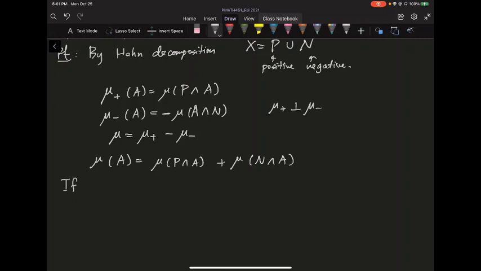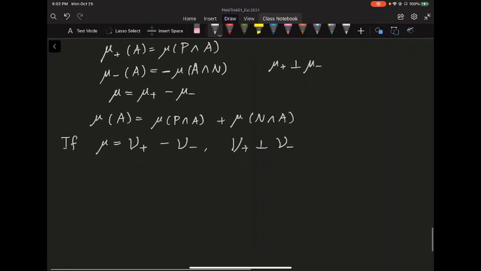So suppose I have another way to decompose it, let's say mu is equal to nu plus minus nu minus, where nu plus is mutually singular to nu minus, and they are just new measures.